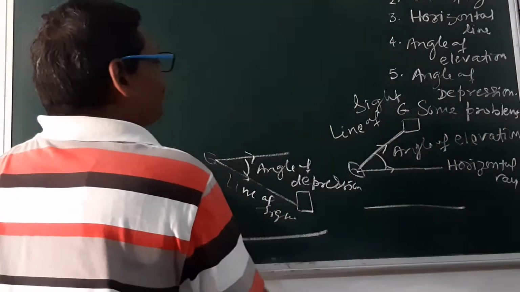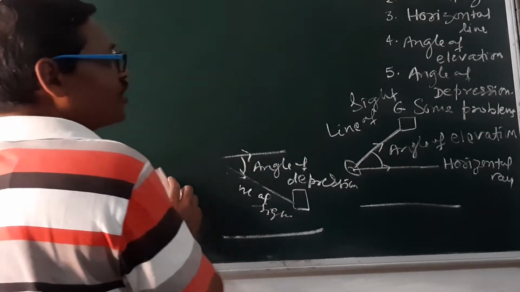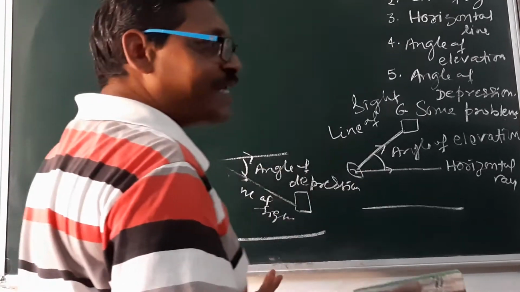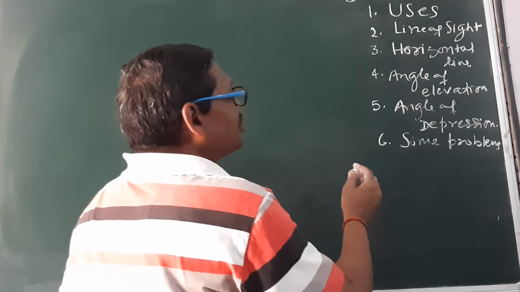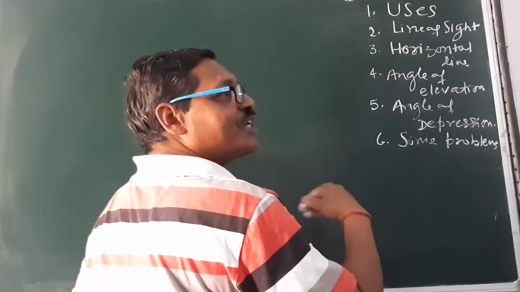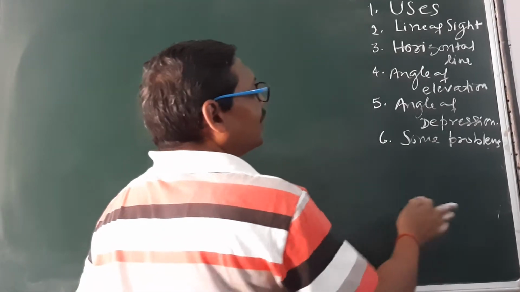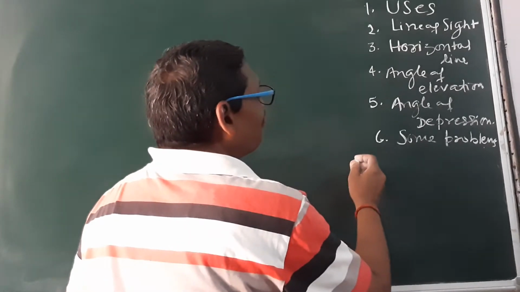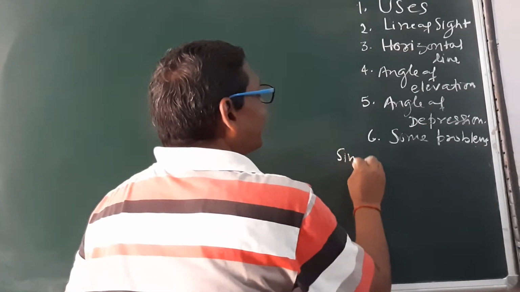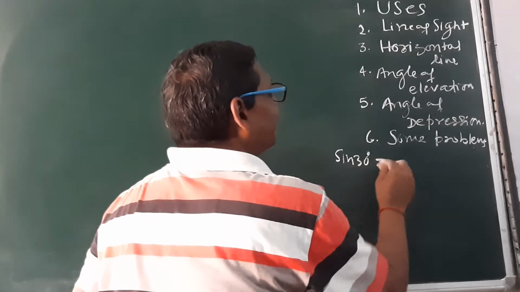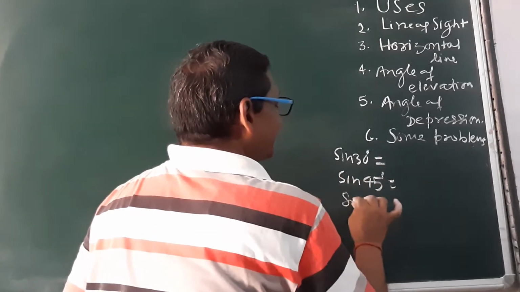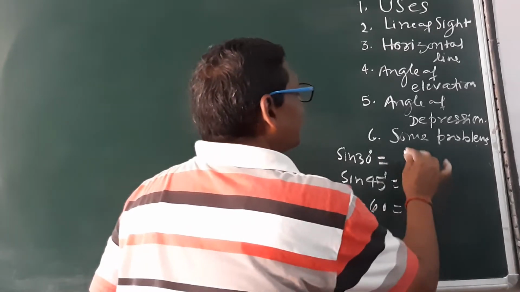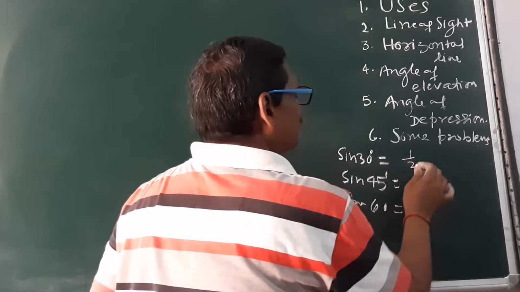Now let's discuss some topics related to this chapter. Some topics studied in the last video are necessary, like the values of sine 30 degree, sine 45 degree, sine 60 degree. Sine 30 means 1 by 2.